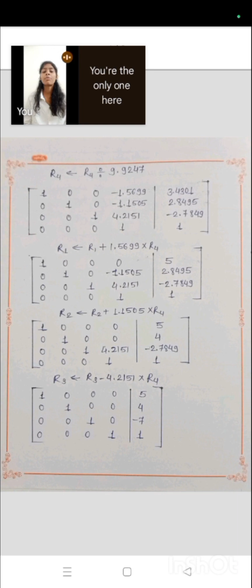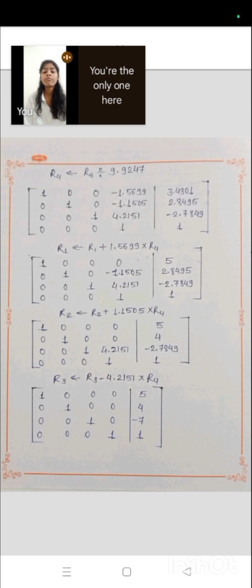We again put the operation in R2 is equal to R2 plus 1.1505 into R4. Here there is no change in R1, R3 and R4, only R2 changes. So here the R2 value is 0, 1, 0, minus 1.1505 and 2.8495, and we perform this on the R2 values. In column 1 there is no factor, so the R2 value is 0, and in column 2 no factor, so the value will be 1, and in column 3 no factor, so the value is 0.